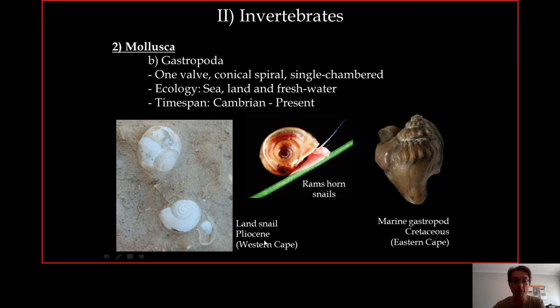These ones are fossils from the Pliocene of the Western Cape, and they demonstrate that the sediment around was formed under continental conditions. It was a land sediment, so probably during a flood or whatever. But this is not a sea environment.